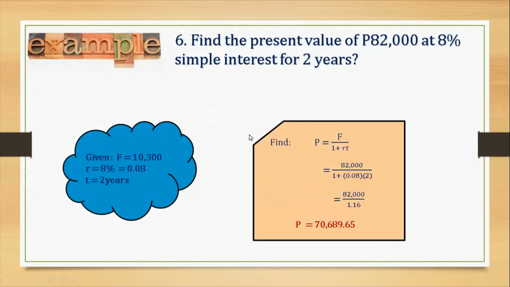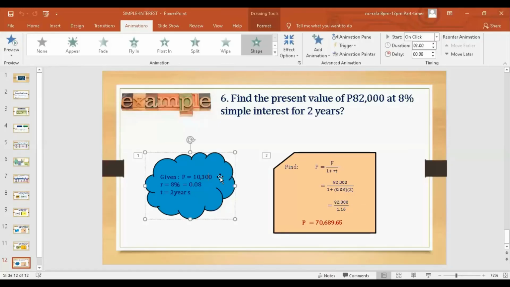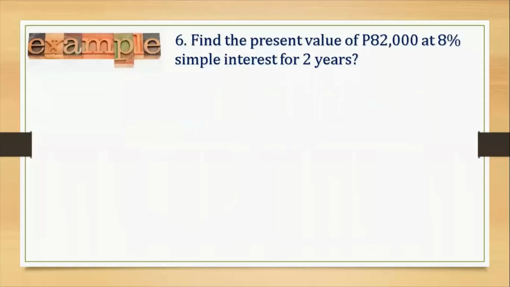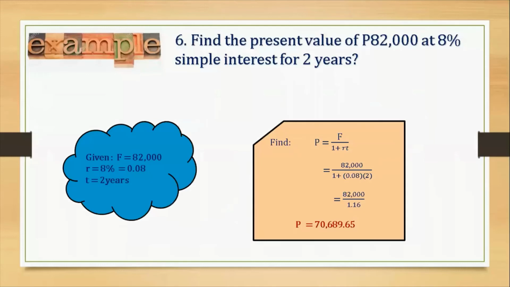So if you're asking where I got the 82,000, I forgot to substitute the exact amount. Therefore, it is 82,000 here. Okay, now we have 82,000.